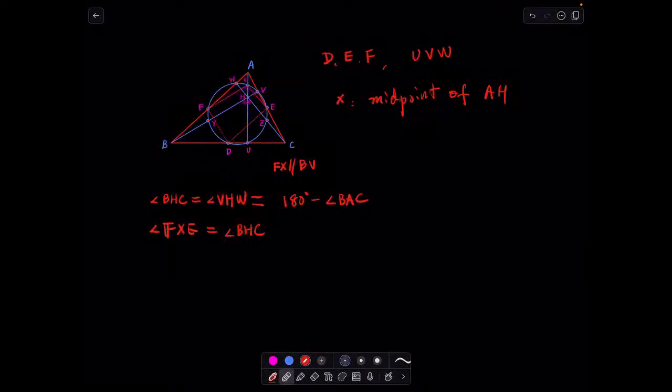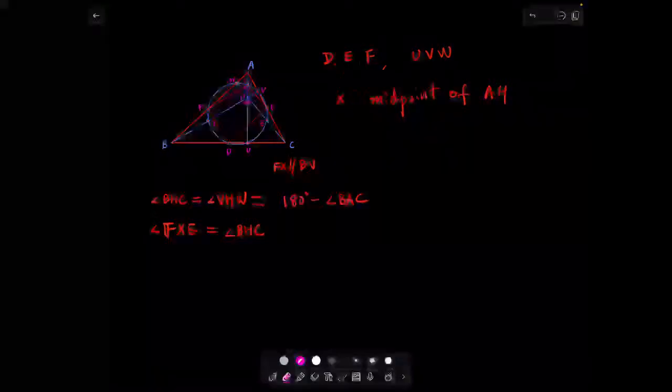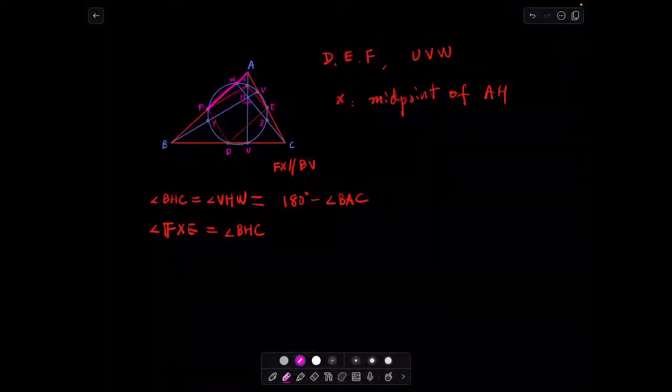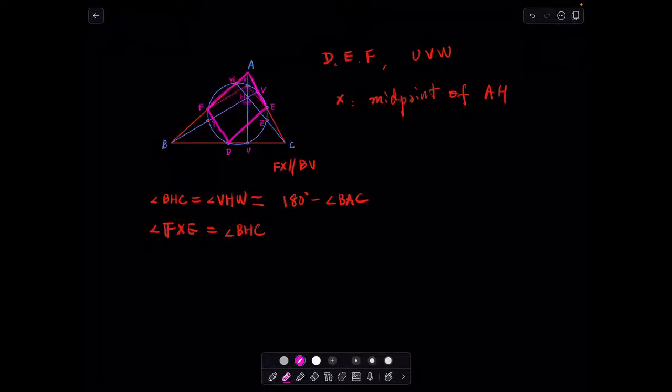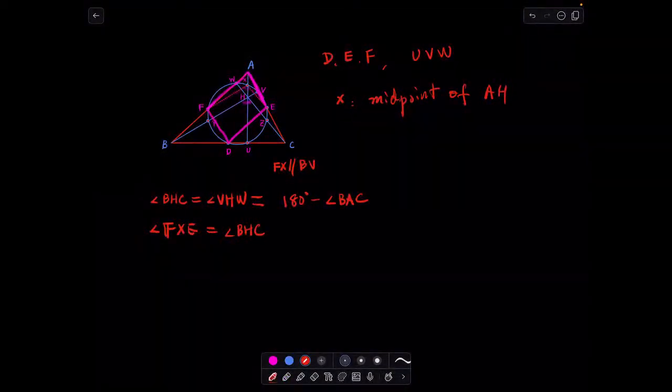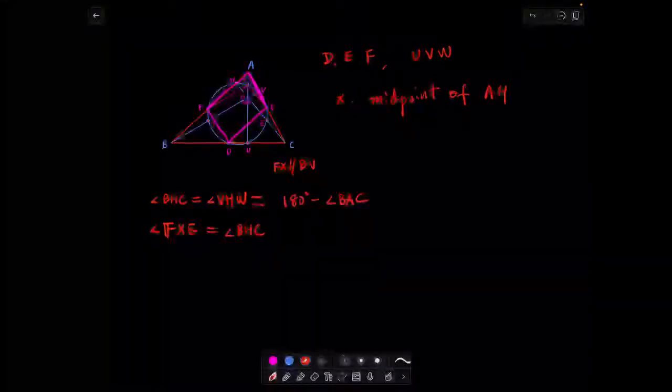We have a parallelogram here because of the middle line, right? So let's mark the parallelogram here. So we have A, F, D, E. This is actually parallel, right? This highlighted one here. So BHC, this is BHC, right?